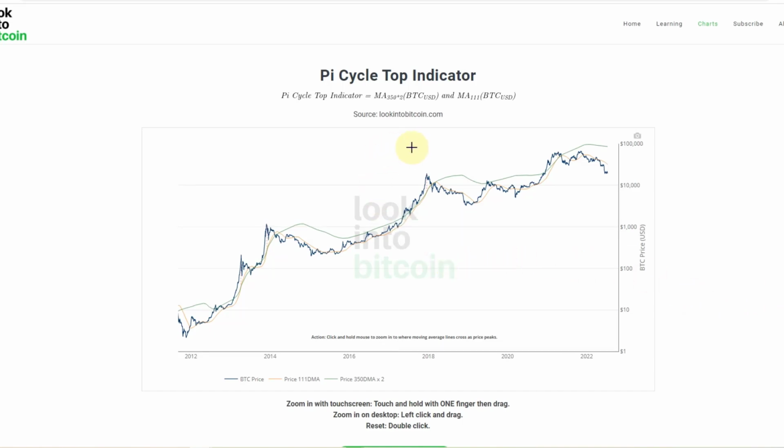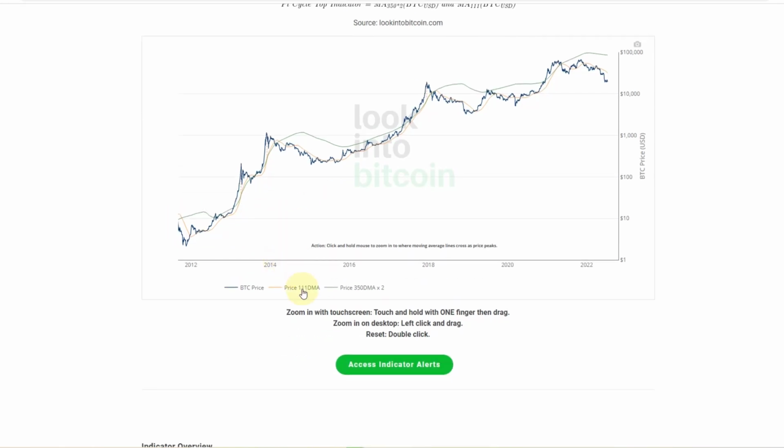So the Pi Cycle top indicator is one of these indicators which can flash a cycle top. Basically, this indicator is made up of the 111-day moving average of the Bitcoin chart and the 350-day moving average multiplied by 2.